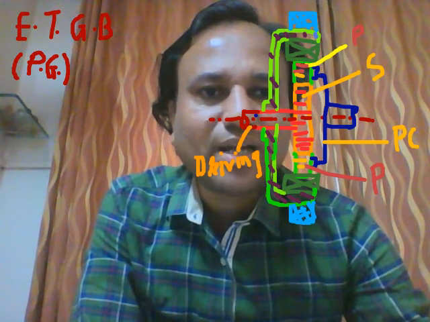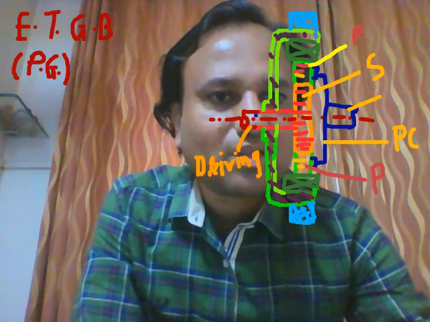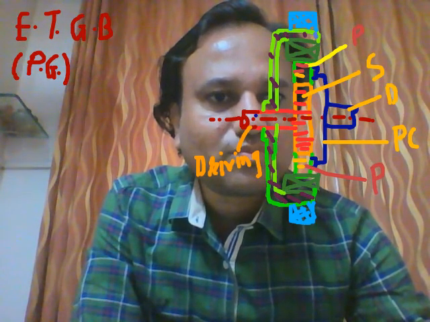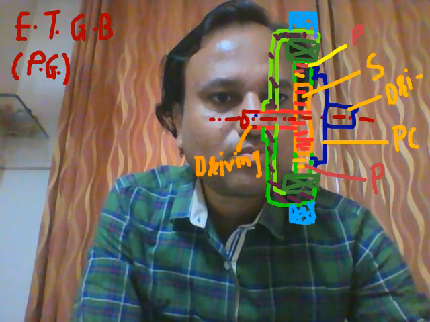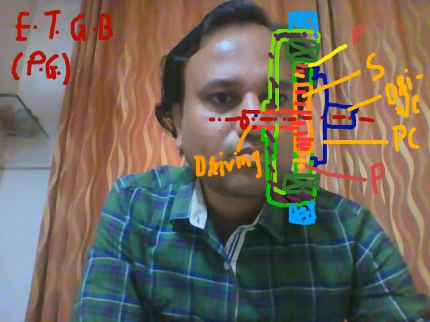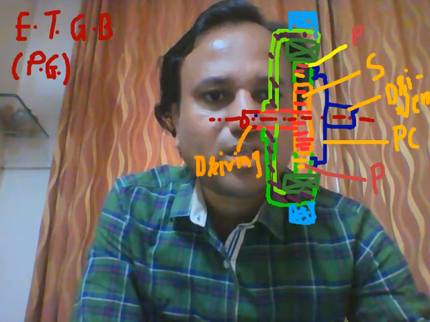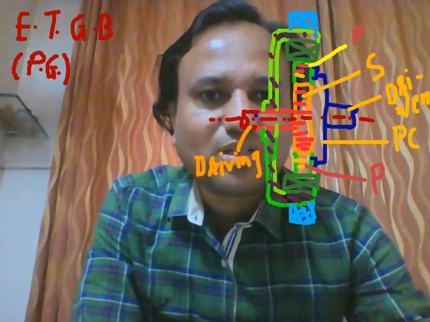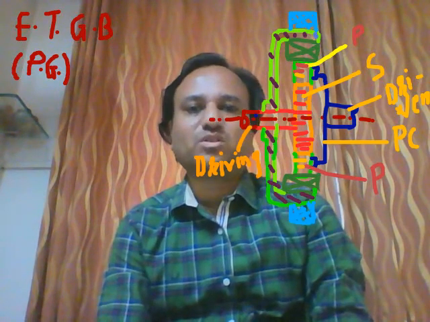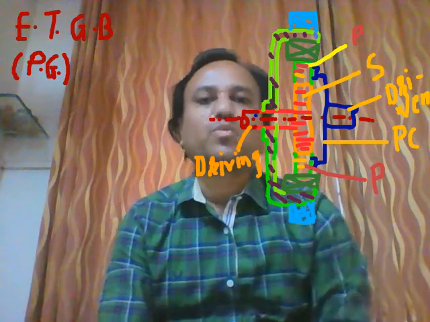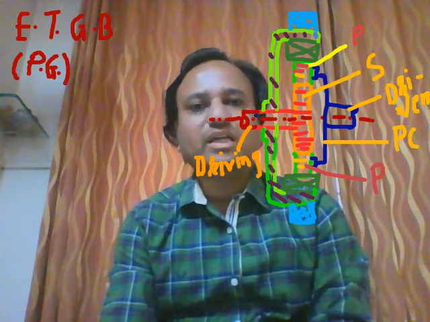This planet carrier is connected to the driven shaft. This is the driven shaft of the gearbox, and it is connected to the propeller shaft via a universal joint.